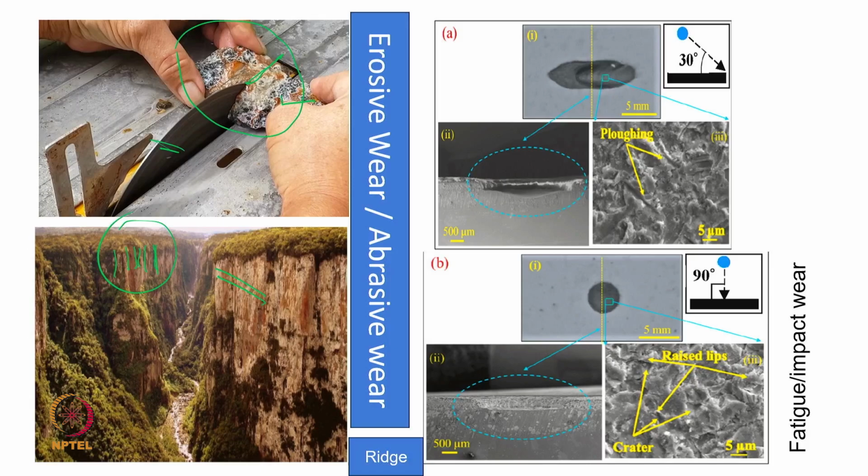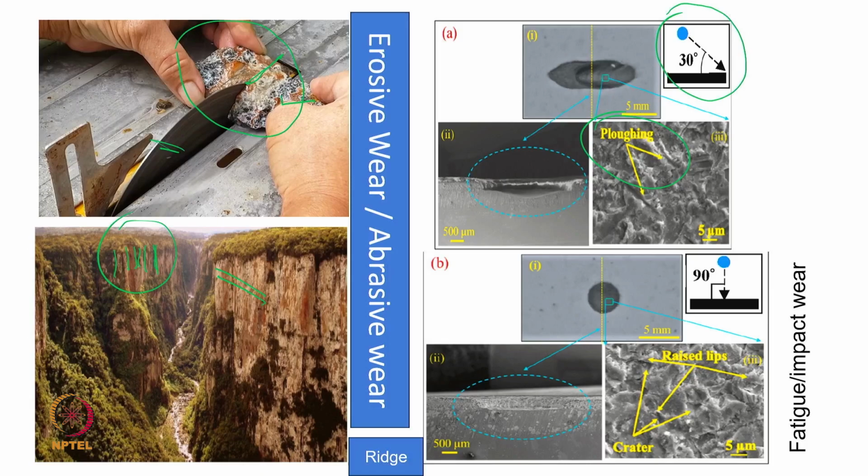Now, coming to erosion itself, erosion will again involve either abrasive wear or fatigue wear, so even these wear mechanisms are connected with each other. I am just trying to show here that if the angle of impingement, the angle of attack, is 30 degrees, we find some sort of plowing component. What is the meaning of plowing?